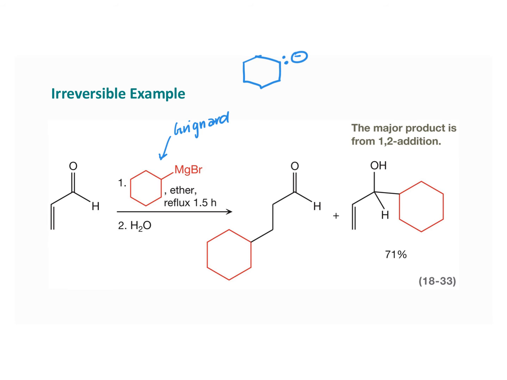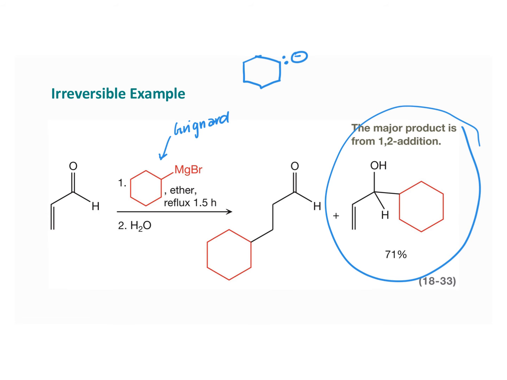So we have this very strong carbanion, and so it's going to add irreversibly to the carbonyl carbon, and the major product here, which is shown right here, is the 1,2 addition product. So this is an example of one that adds irreversibly.